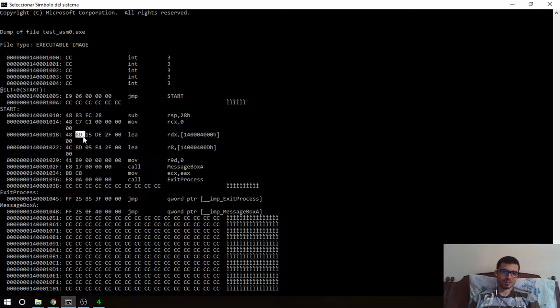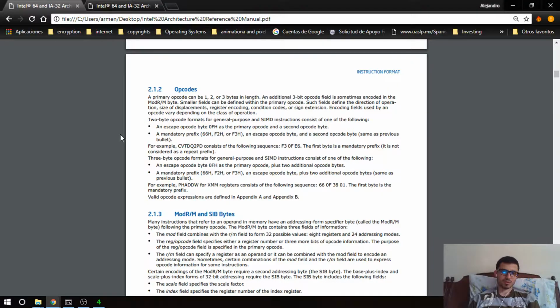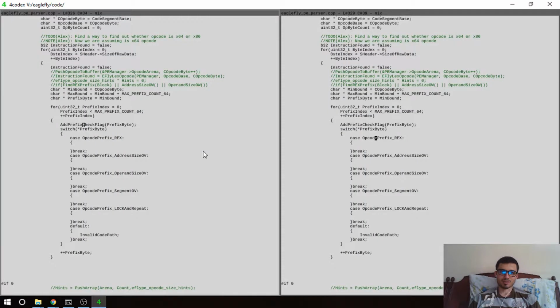I don't see any kind of these 60 prefixes, but probably we haven't. For example, let's say, I don't know, I'm going to do something stupid.